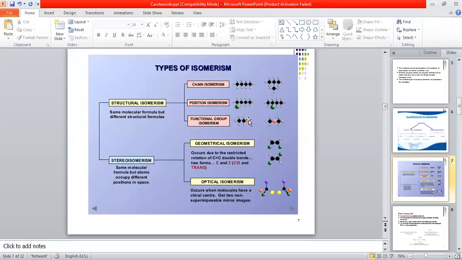Here an alcohol group is present, here an ether group is present. So you can easily identify that this example comes under the class of functional group isomerism. So this one was chain, this one was position, and next one is functional group isomerism.